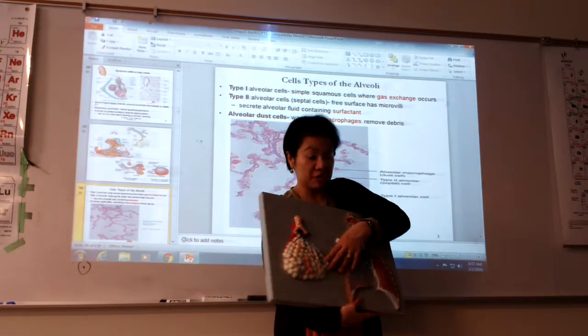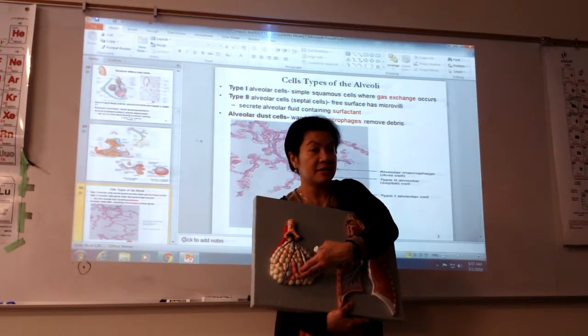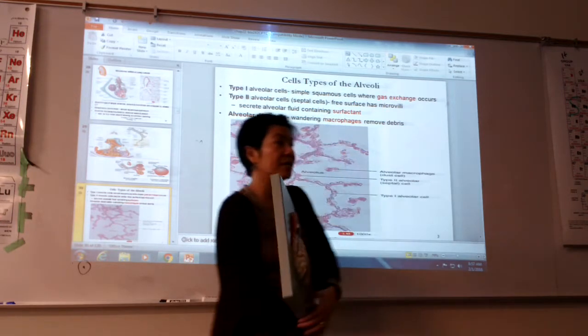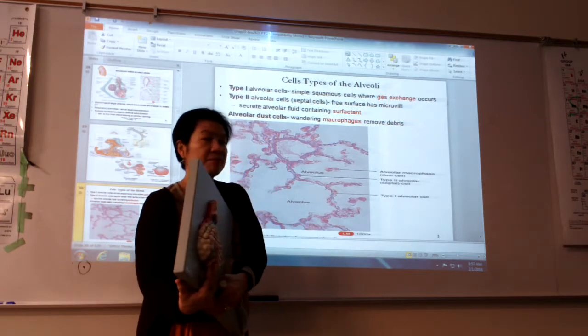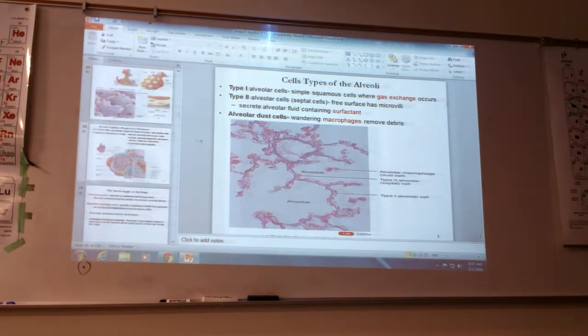The alveolus, you notice here, is very vascular because this is where the exchange of gases happens. And what blood vessel is this one? Capillary, you remember? And what is the lining of the capillary? Does the capillary have muscle?